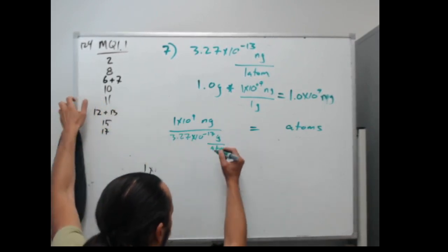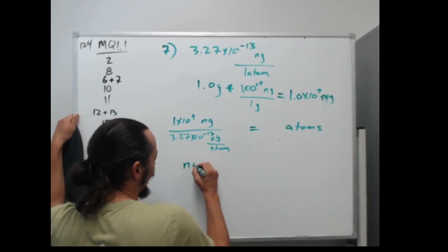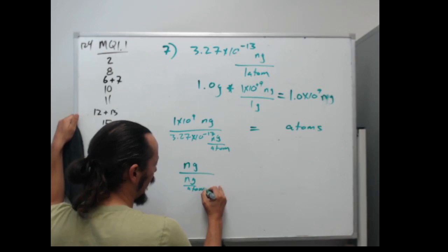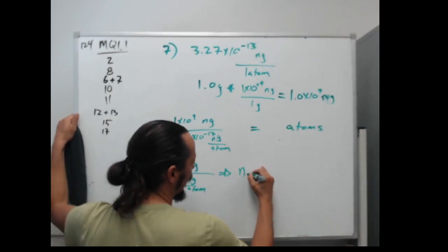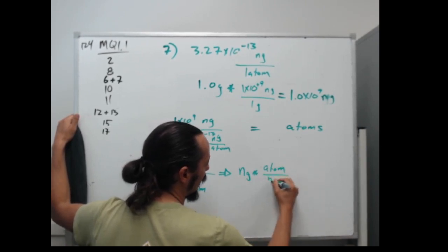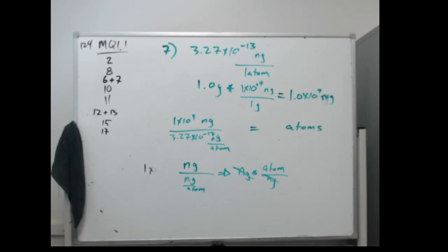The nanograms will cancel out, and the 1 over the atoms just flips the atoms up to the top. If you have nanograms divided by nanograms per an atom, that's equivalent to nanograms times atom over nanograms. So nanograms is going to cancel out, and we're just going to get a unit of atoms.